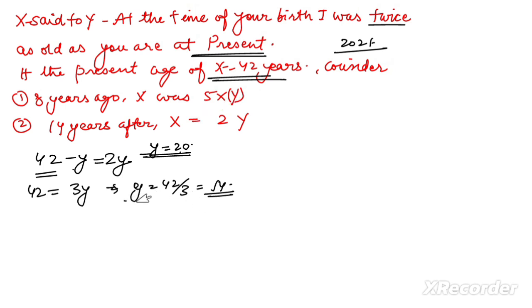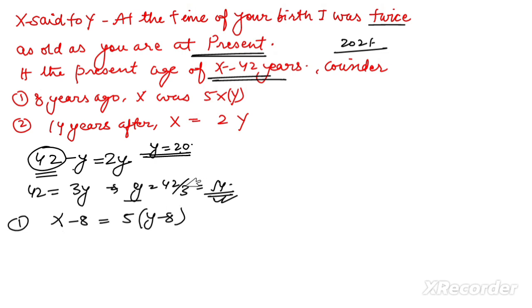Here we got the value of y is 14, which is the present age of y, and the present age of x is 42. So the first statement is: 8 years ago, x minus 8 is equal to 5 times of y minus 8.